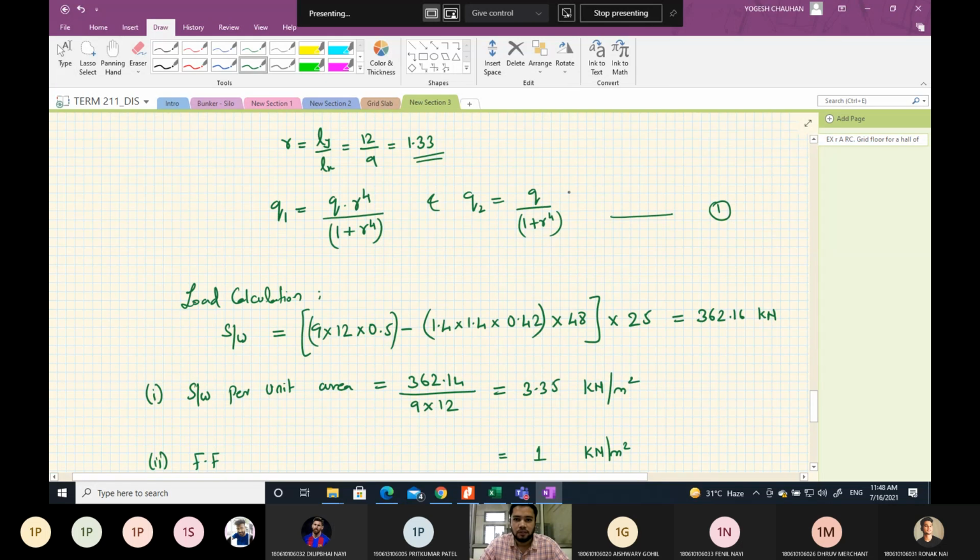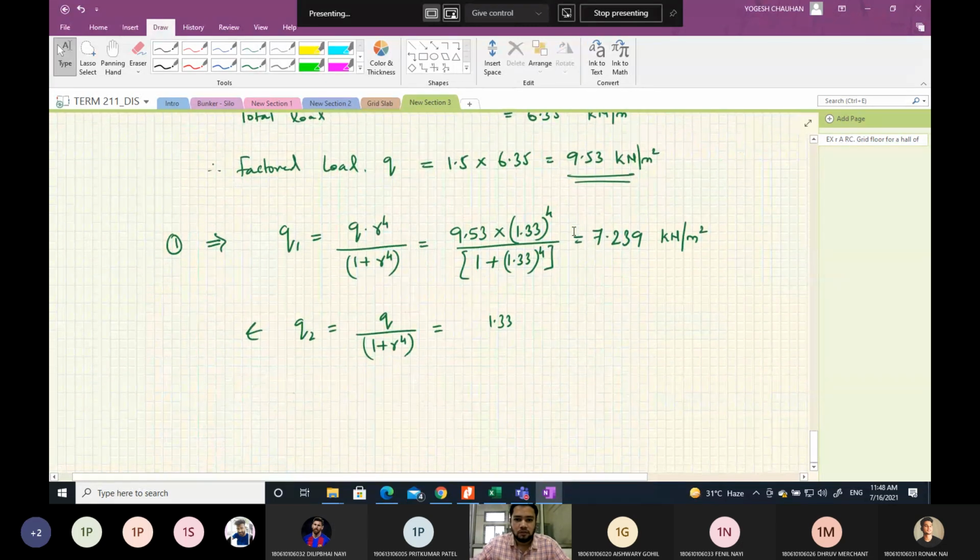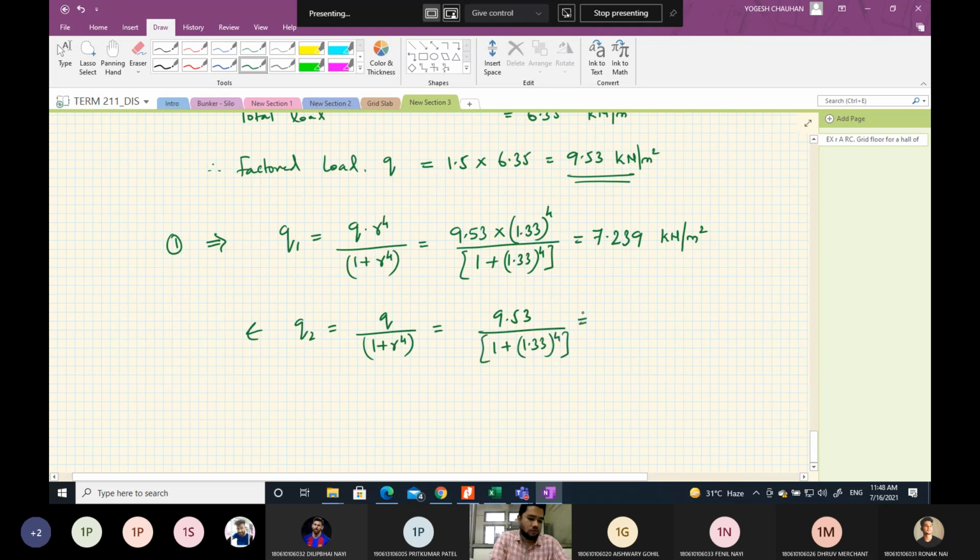So this will be 9.53 whole divided by 1 plus 1.33 raised to the power 4, which is 2.29 kilonewton per square meter.